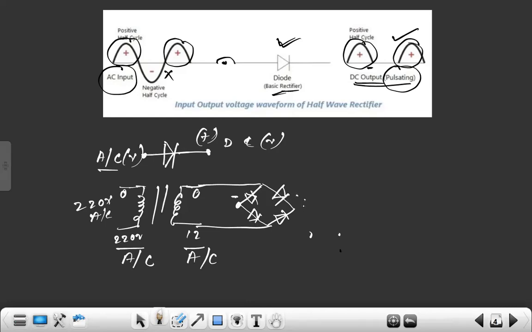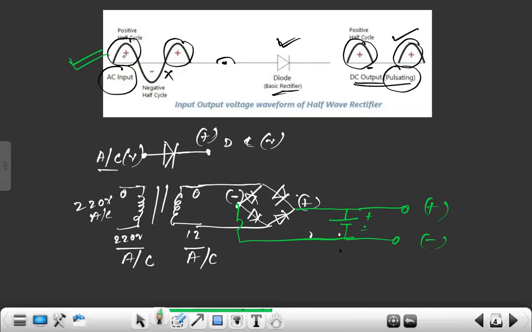So here we will get plus voltage, and here minus voltage. We can connect a wire from here, and in parallel a filter capacitor, plus and minus, through which we'll get DC in the form of positive and negative.